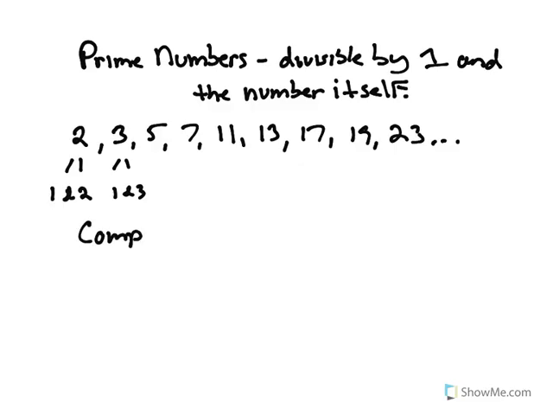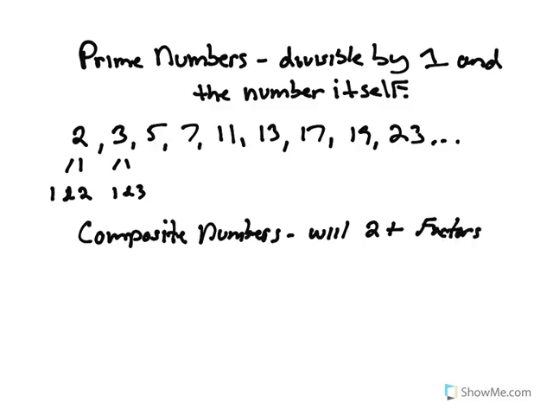A composite number has more than 2 factors that divide into that number. So when you think of composite numbers, they will have 3 or more factors that will divide into them.